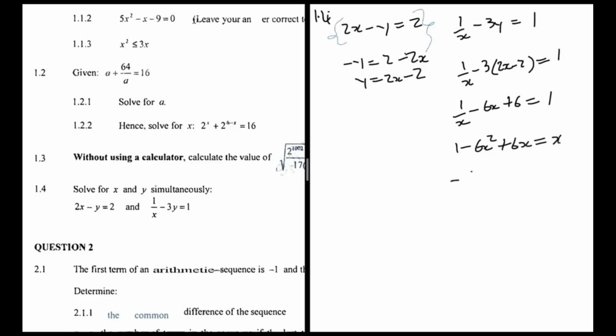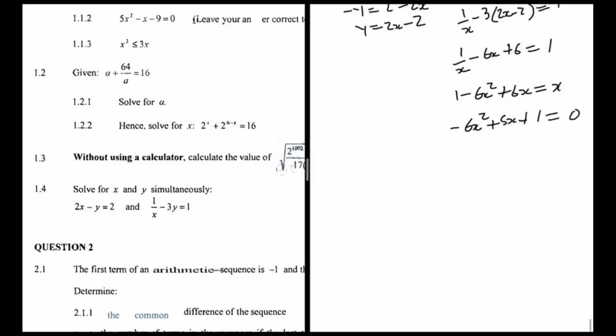So I'm gonna have minus 6x squared plus 5x plus 1 equals to 0. So I'm gonna multiply everything with minus 1 so that I can get 6x squared minus 5x minus 1 equals to 0. I'm multiplying everything with minus 1 because I'm just not used to solving for x when I have a minus on the coefficient of x squared. So if I can get rid of it, I'll get rid of it and make my life easier.